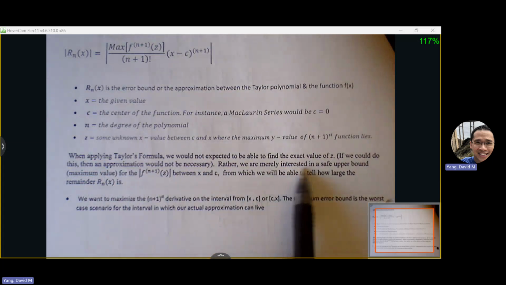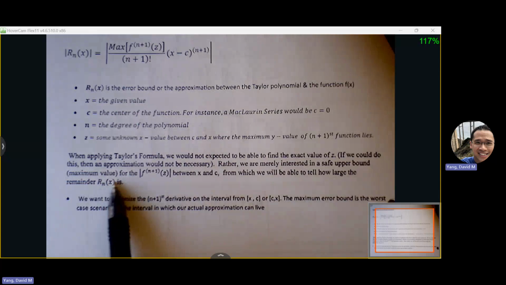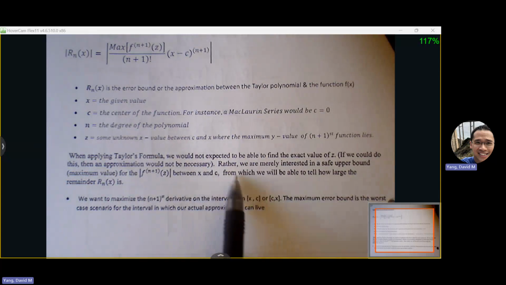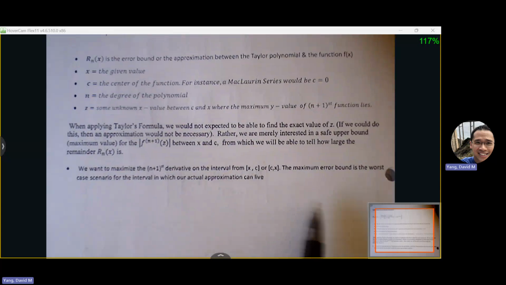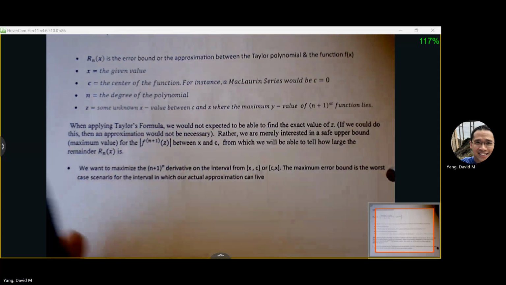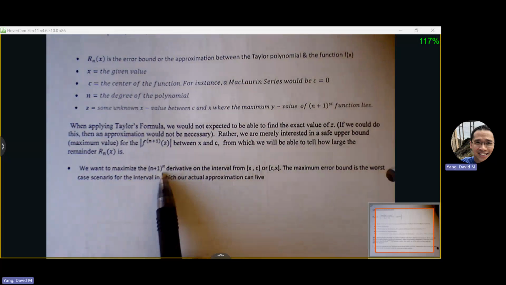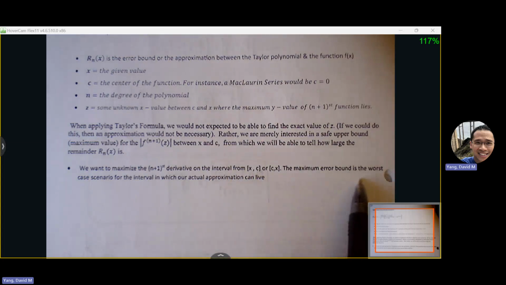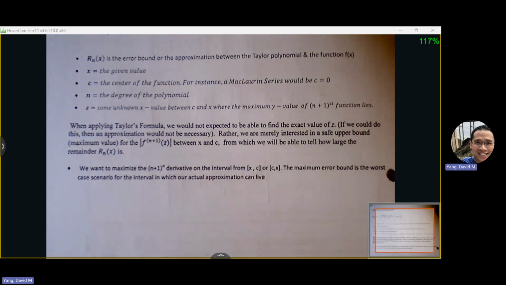Rather, we're merely interested in finding a safe upper bound, a maximum value for the n plus first derivative between x and c, from which we can tell how large the remainder is. So we want to maximize the n plus first derivative on the interval from x to c or c to x. The maximum error is the worst case scenario for the interval in which our actual approximation can live.